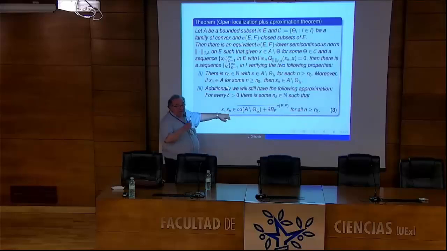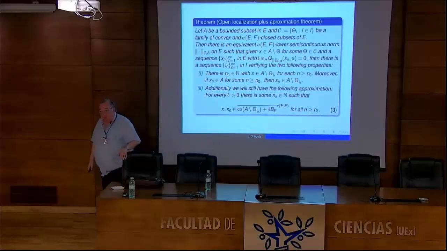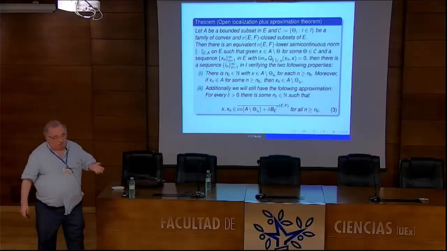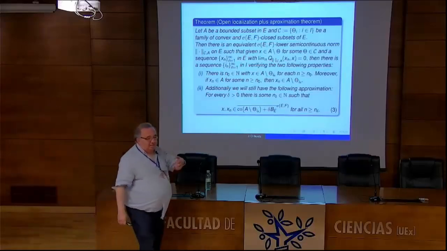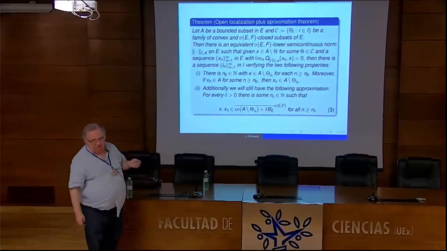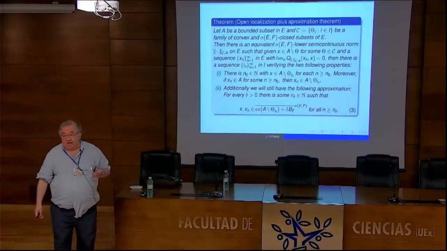If x is in A, it's important. For instance, if x is in the sphere, it's important. But the xn doesn't matter because I'm going to have this formula of approximation. The convex hull of a small set is small, plus a ball is small. So the distance between xn and x is small. And we have LUR. And in the case of strict convexity, we have x equal y.